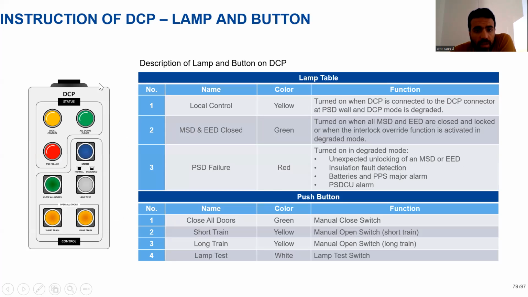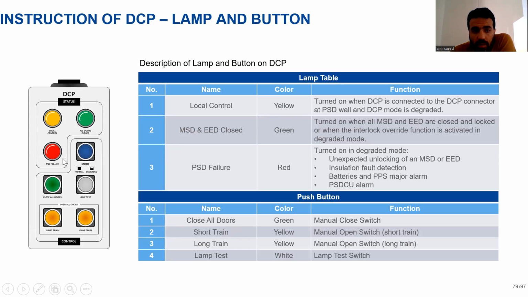Also in details, the DCB local control panel, PSCD closed, PSCD failure. You can see these buttons here, and they will be activated for local control panel. It will be yellow when you connect DCB. If every door is closed, you will find it green.